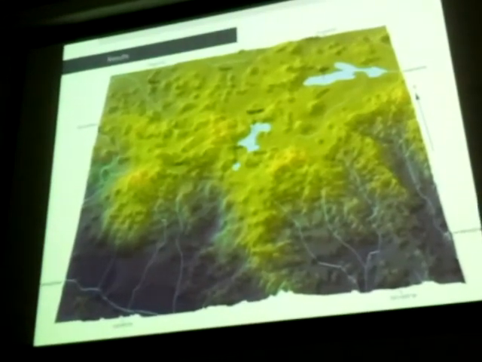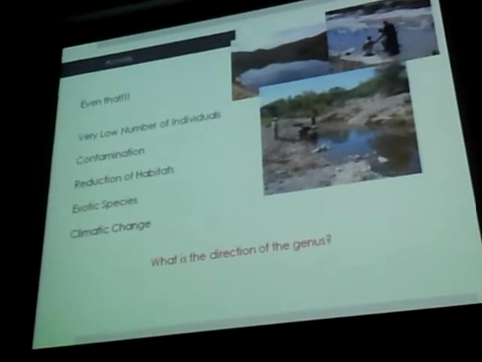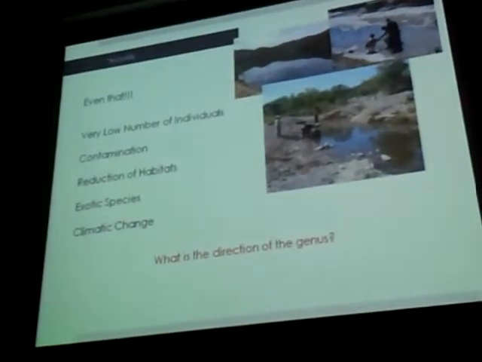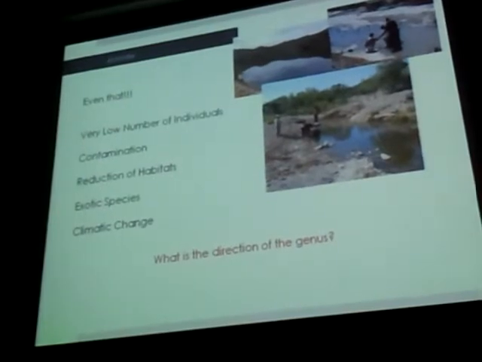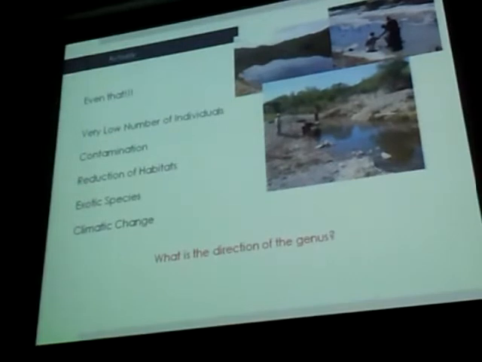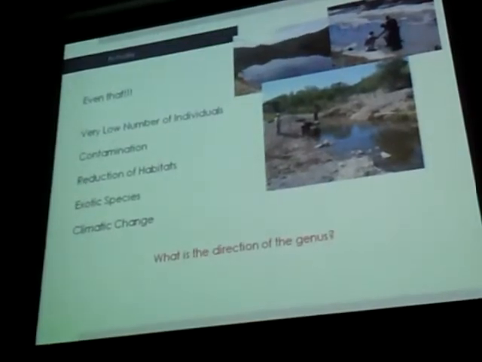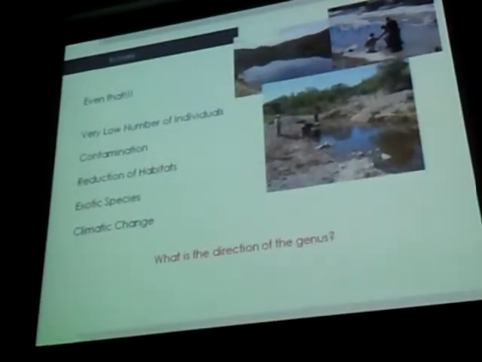It is very difficult to explain, but there are more things that the Allotoca genus has.